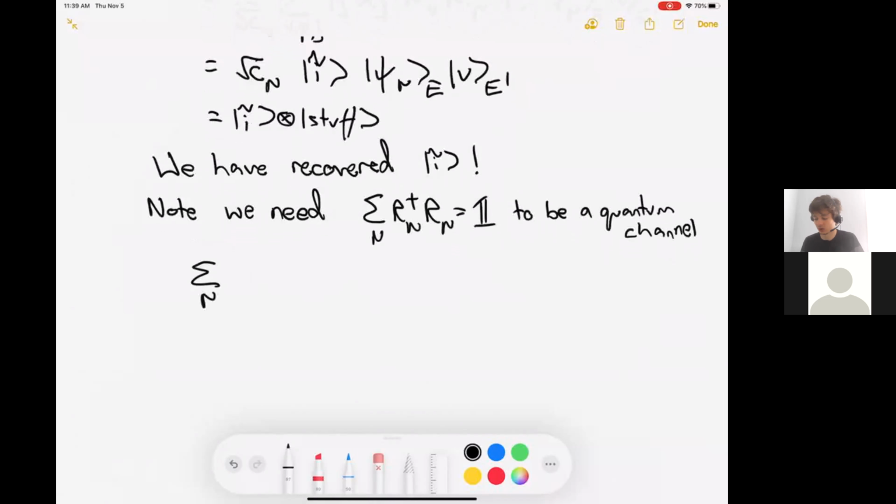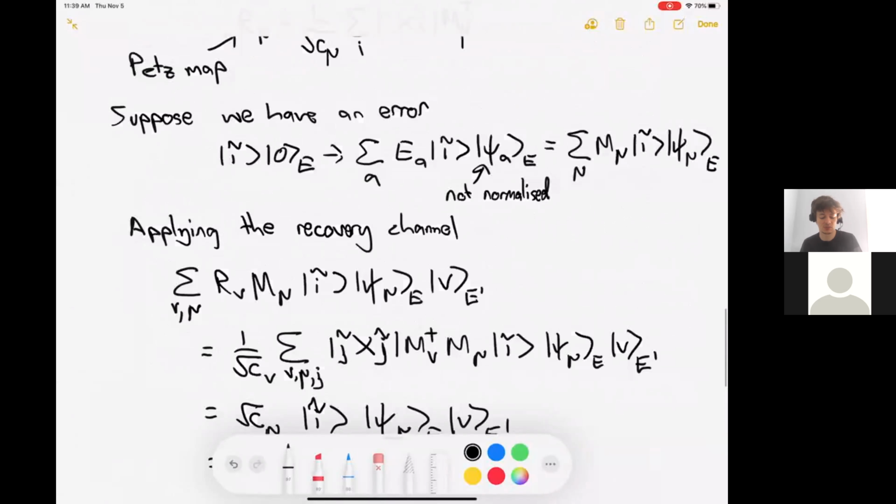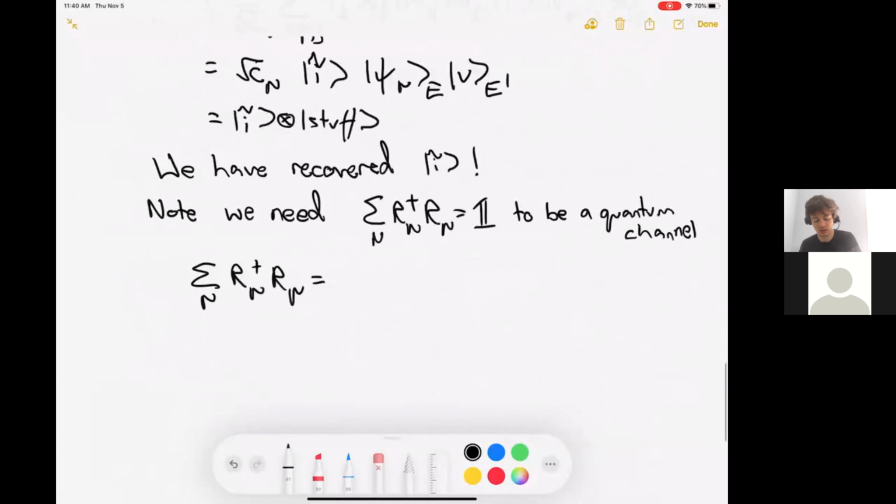So let's just look at what the sum over R mu dagger R mu actually is. Well, we have a 1 over square root C mu from each of them, each of the R mu and the R mu dagger. Sum over mu, 1 over C mu. Have an I tilde, M mu dagger, and then another sum over J tilde that just diagonalizes, and we have an M mu there.